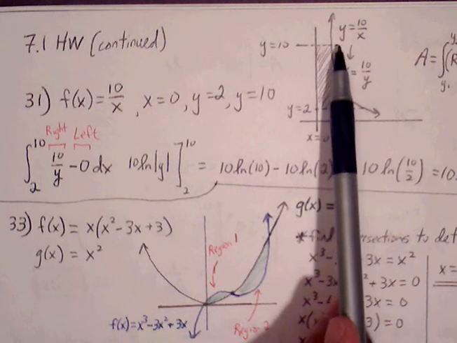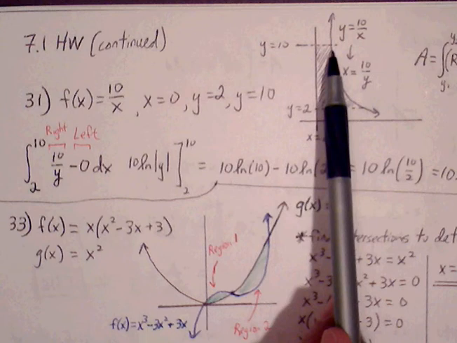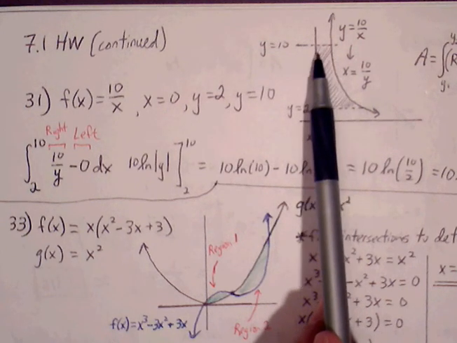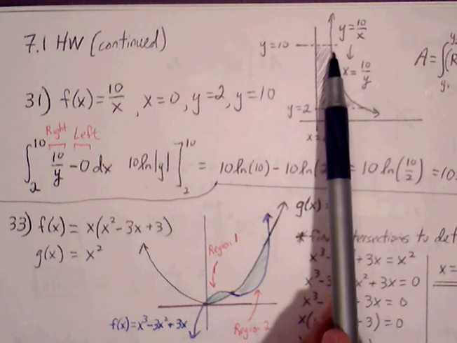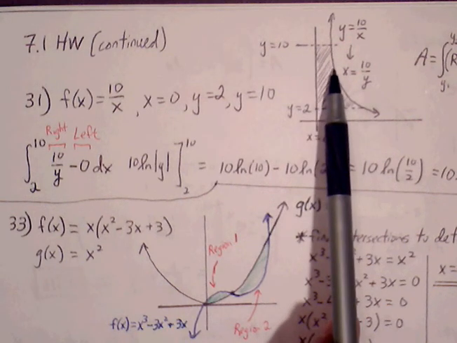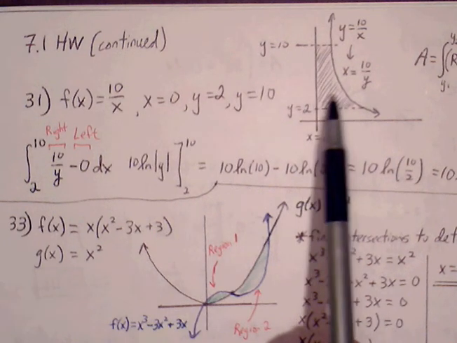But if we look at this in terms of right minus left, we're going to see a better form, because if we do right minus left, we see that this graph, this 10 over x, is always consistently to the right of the axis of x equals 0.